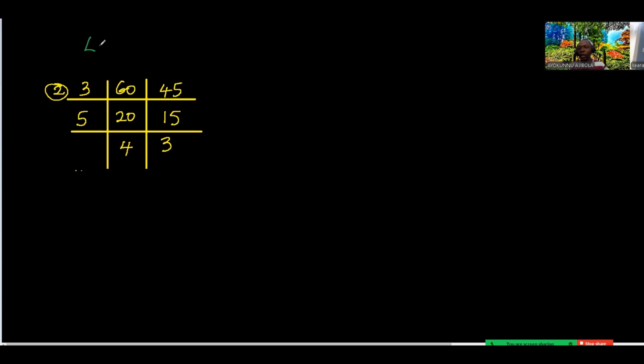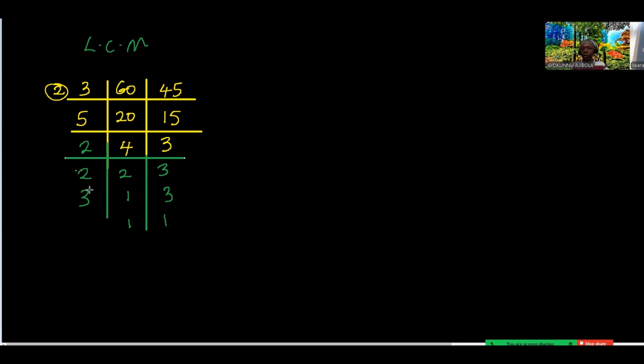Now that nothing can divide again, I will use 2 to divide the 4. Is that clear? And I will not touch the 3. So 2 divided 4 gives me 2. The 3 remains untouched. 2 can still go again. It gives me 1. The 3 remains untouched. Then I will use 3 finally. Is that clear?